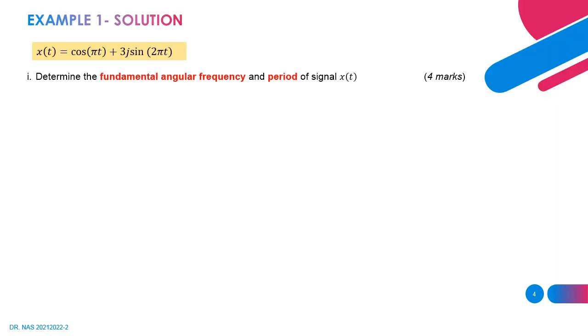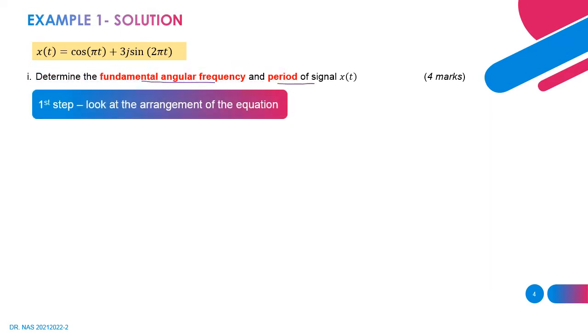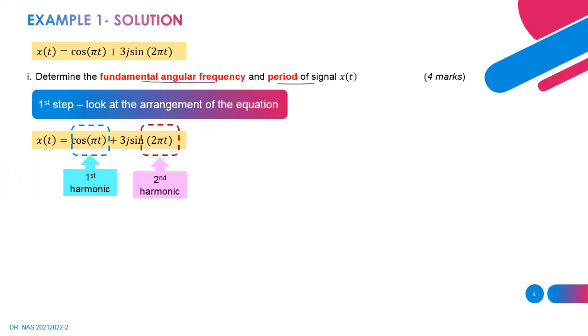Okay, the first question asks you to get the fundamental angular frequency and also the period of the signal. So to start with, you need to look at the arrangement of the equation. Usually the first component will give you the first harmonic, followed by the second harmonic, and etc. If you have a third harmonic, fourth harmonic, and so on.